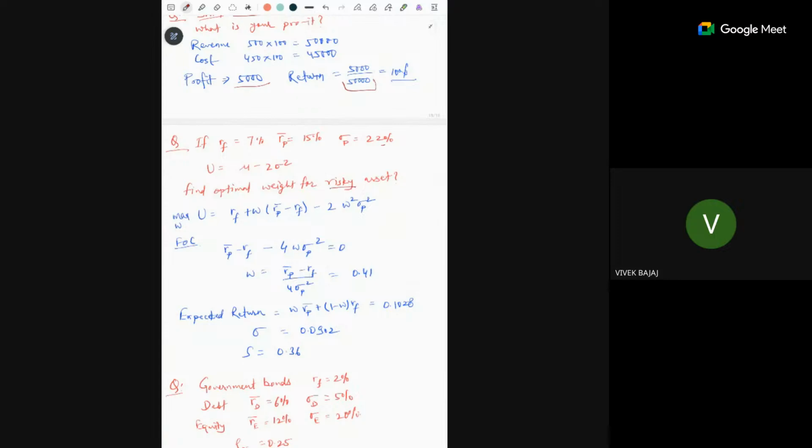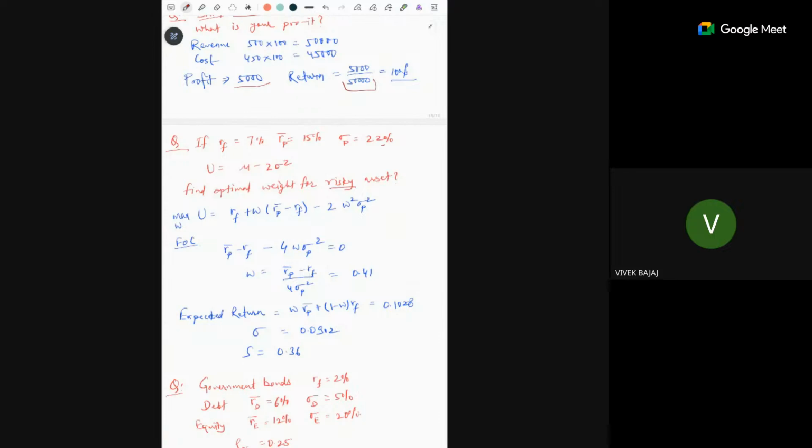This is the question. So the problem would be to maximize utility, and here we are assuming weight W is given to the risky asset. So I have directly put in the value.